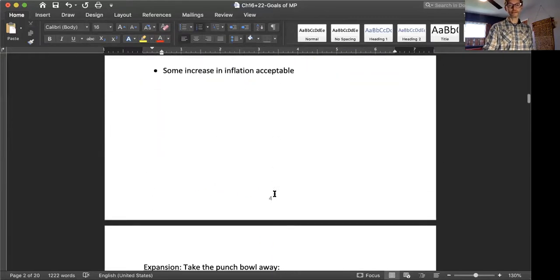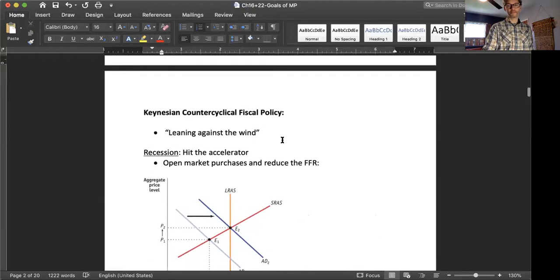So how is monetary policy supposed to work in theory? Well, according to Keynesian economics, the central bank should be leaning against the wind, meaning whatever the momentum in the economy is, the Fed should be trying to do the opposite of that, right?